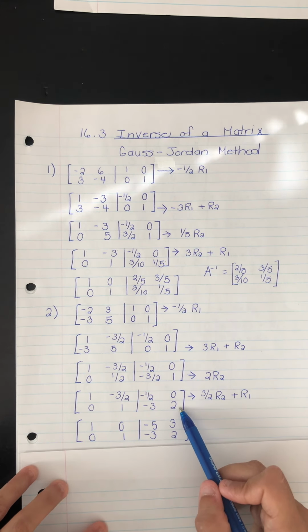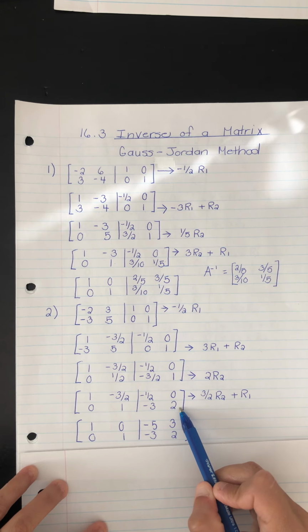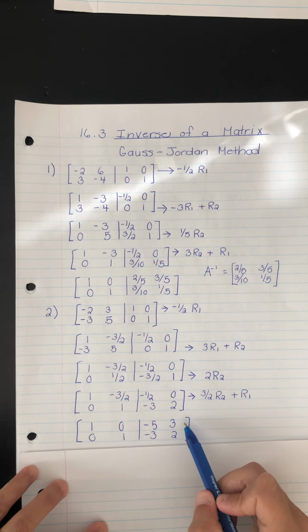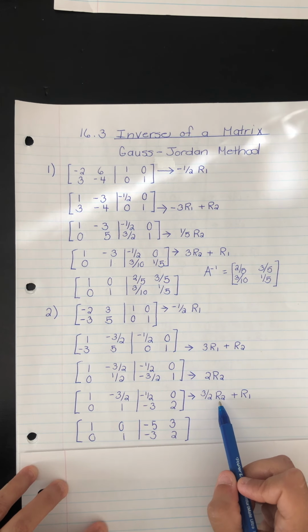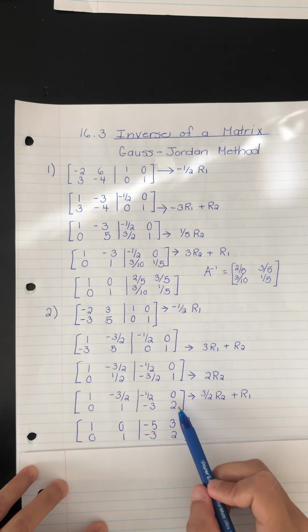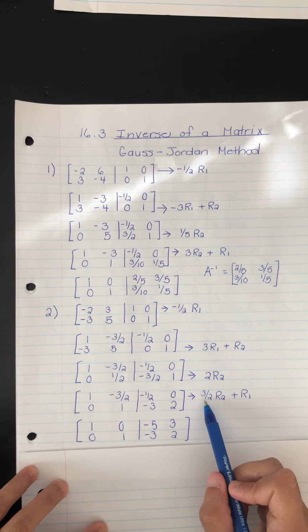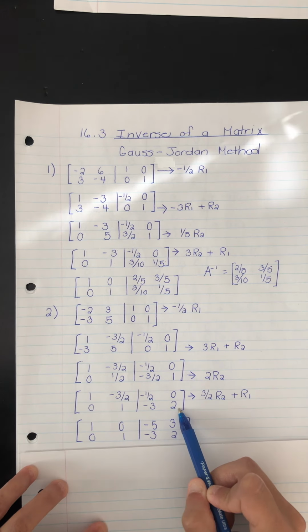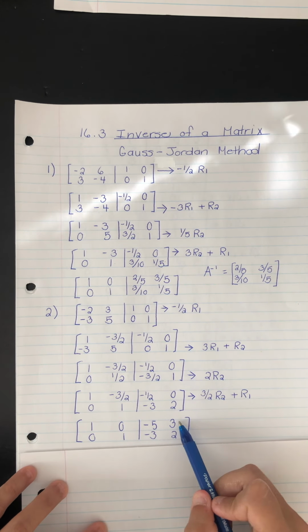And lastly, 3/2 times 2 is 3. Sorry, I need to say that again. 3/2 times 2 is 3. 3 plus 0 is 3.